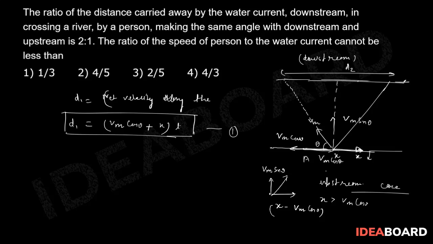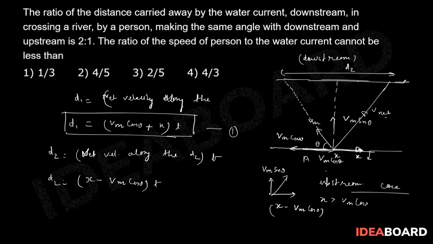So the final velocity will be like this. This is the V net. Now, in order to find d2, d2 will be net velocity along the direction of d2 into time t. So this time it would be x minus Vm cos theta into t. I'm trying to solve in a pretty easy manner, using relative motion.